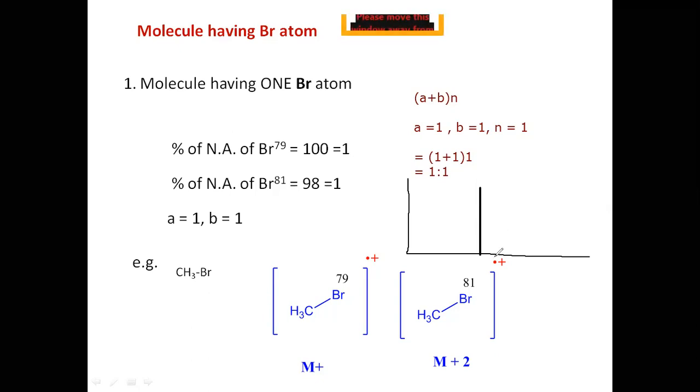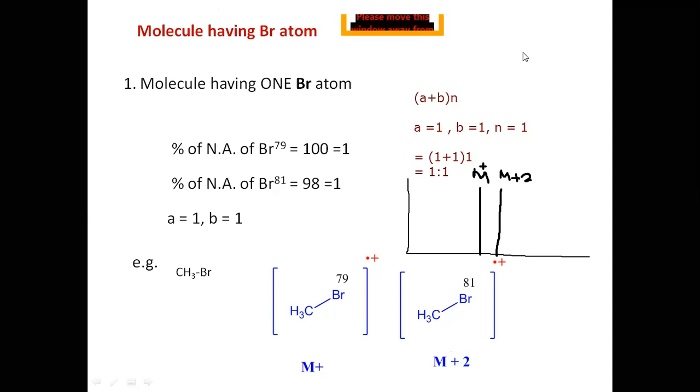So straight lines should be there, 1 is to 1. This is M, the molecular ion, and this is M plus 2 peak. It is for bromine. If the compound has only one bromine atom, two possible peaks are there: M peak and M plus 2 peak.